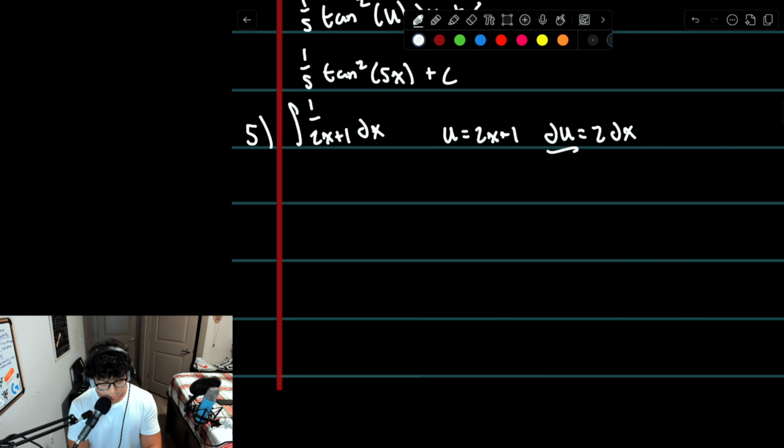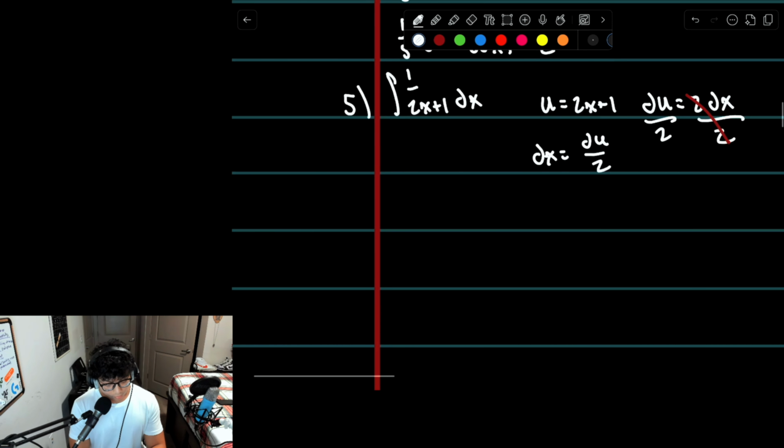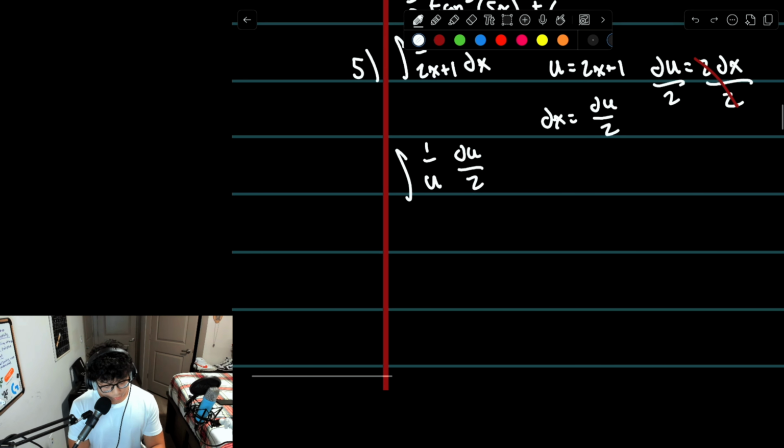We then solve for dx by dividing both sides by 2, and we find that our dx is du over 2. So then we substitute 1 over u, and our dx is du over 2. These don't really cancel out, but they form a constant, which is 1/2. So we can put that outside of our integrand, and we are left with 1 over u du.